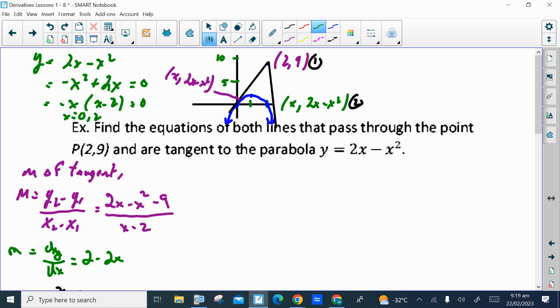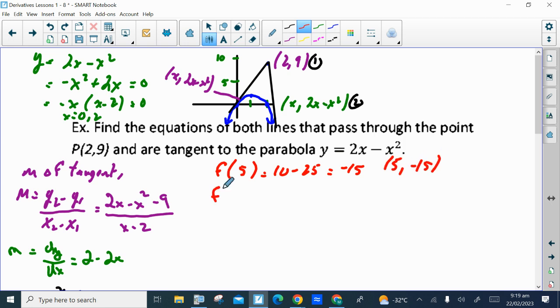So we've seen that if we're going to write the equation of the tangent line, we also need to know the y values at those points. So f at 5 would be 2 times 5, which is 10. Take away 5 squared, which is 25. So that is the point 5 comma negative 15.